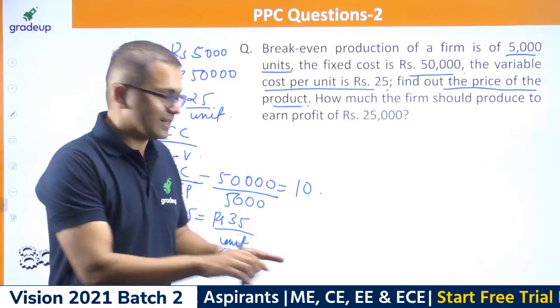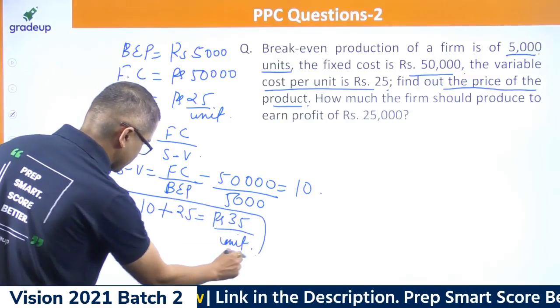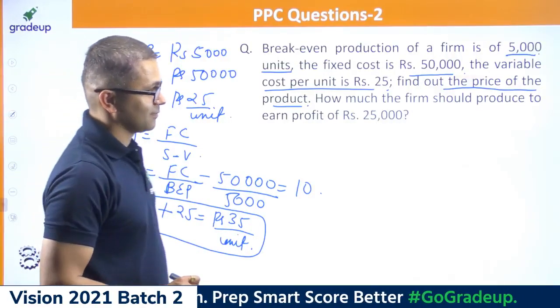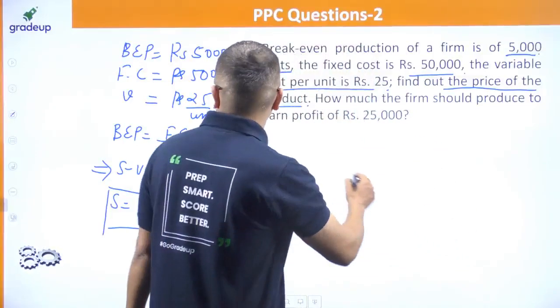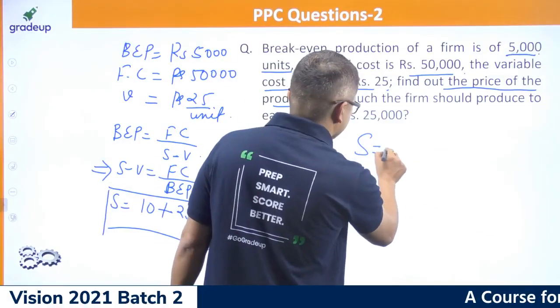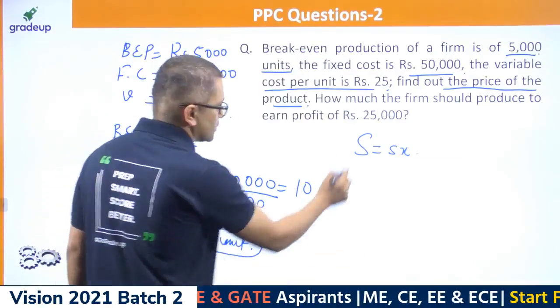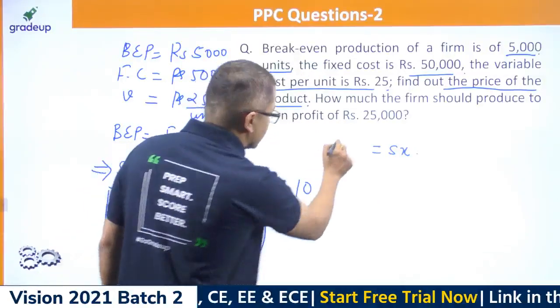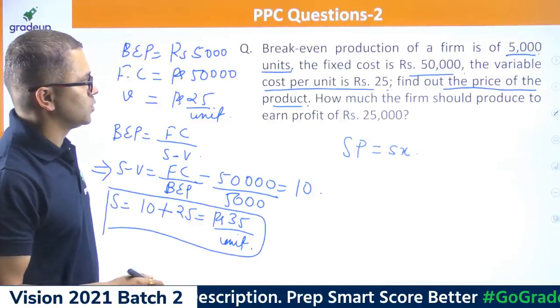Now, is this the correct answer, the small s that you calculated? How do you know it's the correct answer? How do you know that it's not capital S, that is small s into x? So I'm going to write this. Total selling price is nothing but small s into x, right?